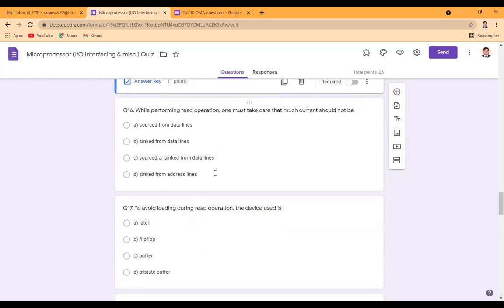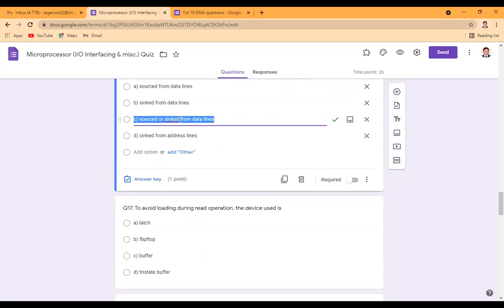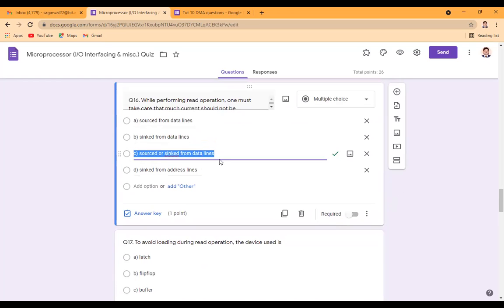While performing the read operation, one must take care that much current should not be sourced or sunk from the data lines, because whenever the current is being sourced or sunk from the data lines, it means it will not be able to read the data.